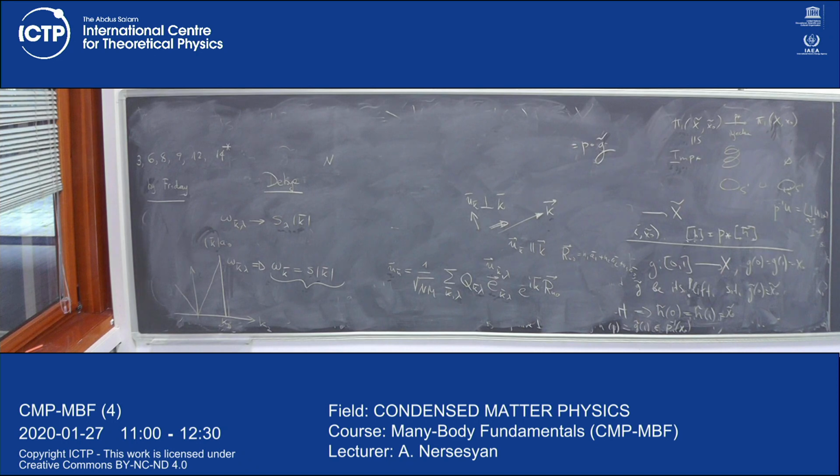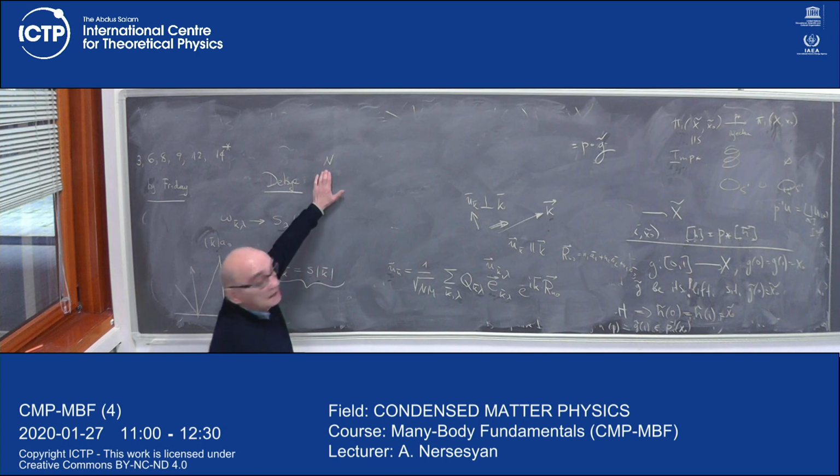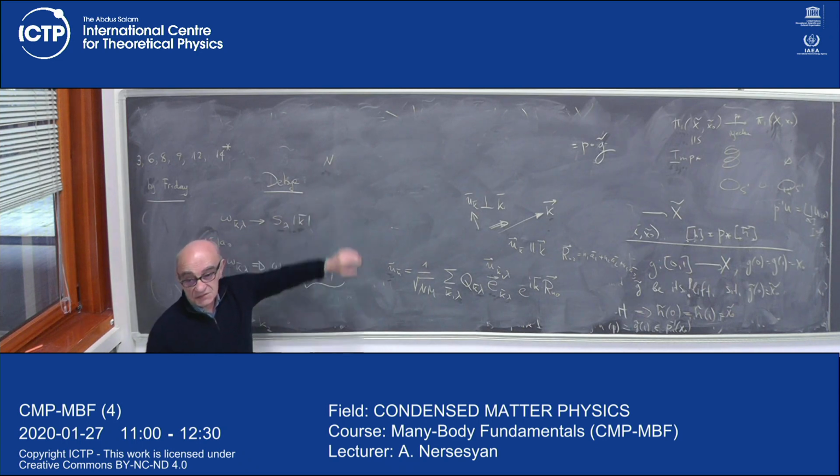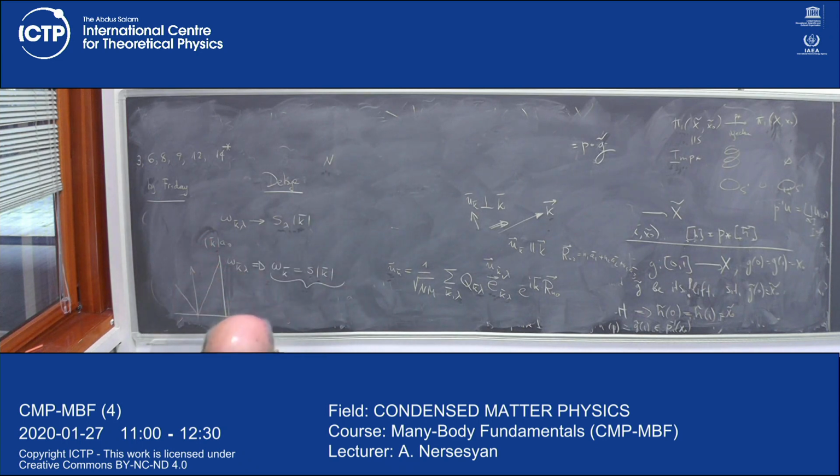The number of K states, momentum states, pseudo-momentum states in the Brillouin zone coincides with the number of the unit cells. This is one of the theorems you must have learned already in the course of band theory. That's one of the basics of band theory.